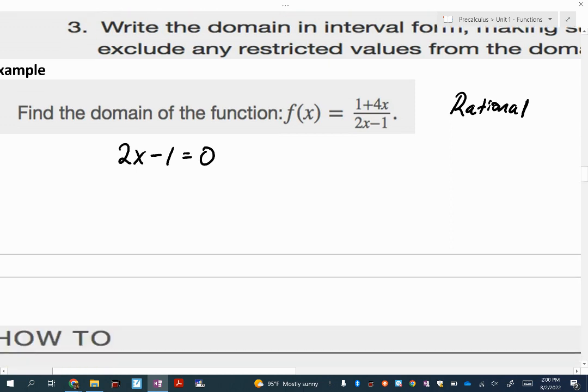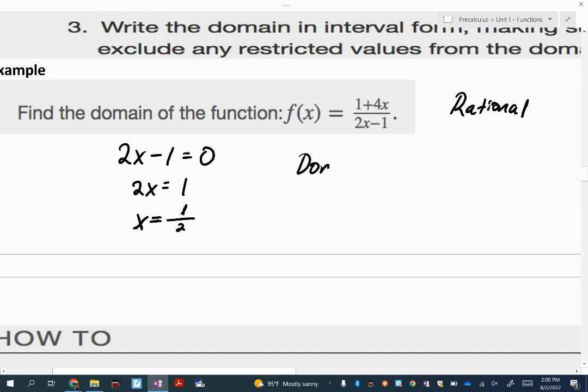I know I don't want this to happen, but to help me figure out what's going on here in the domain, I'm going to imagine that this were to be happening. So move over the 1, divide by 2, and you get 1/2. Essentially here I'm saying use any number you want for your input, for your x, except don't choose 1/2, because that would be a problem.